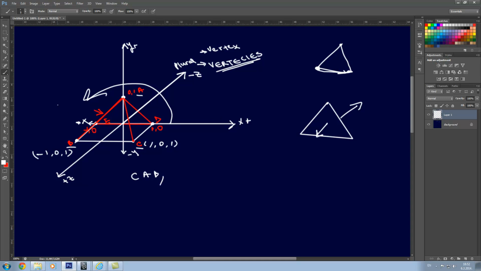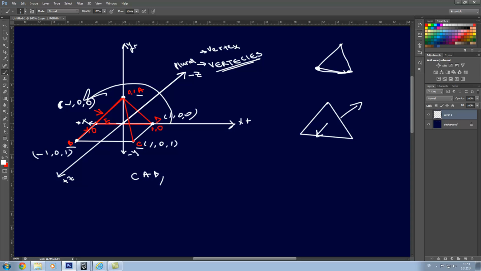So I'm going to leave it as it is, which is -1, 0, 0, because it lies on the 0 here. It doesn't exist on the depth, it doesn't exist on the -z yet. And for D, it has the coordinate 1, 0, 0, right? Now, the first triangle is going to be C, A, and then B.